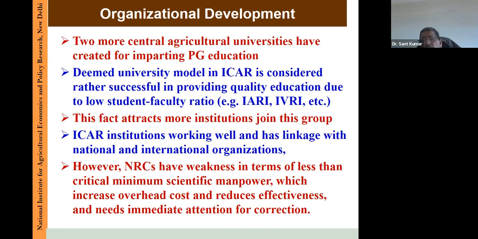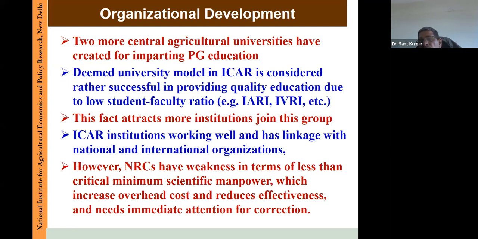On that pattern, the deemed university model in ICAR is considered to be more successful. The reason is that it delivers quality education because of the low student-faculty ratio. As we all know, the four such institutions are the Indian Agriculture Research Institute, Indian Veterinary Research Institute, National Dairy Research Institute, and the Central Institute of Fisheries Education, CIFE.